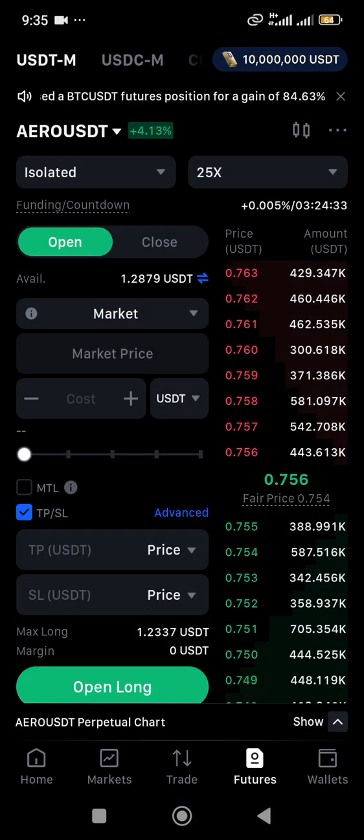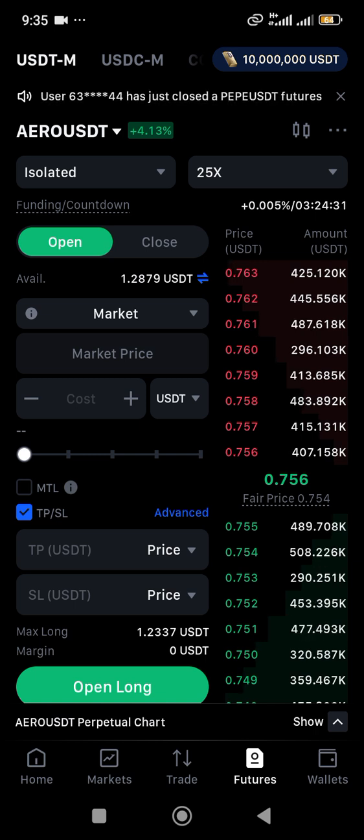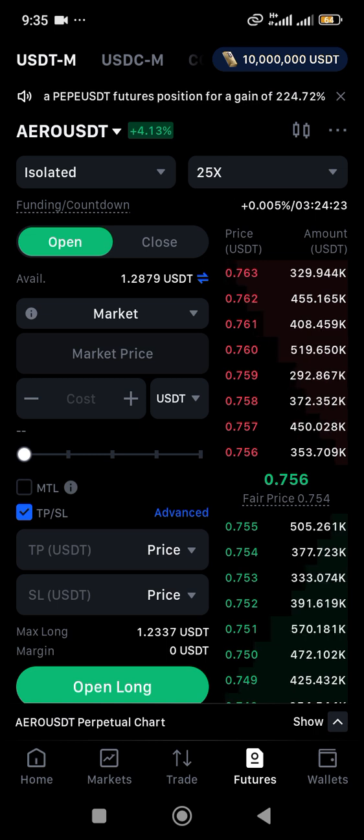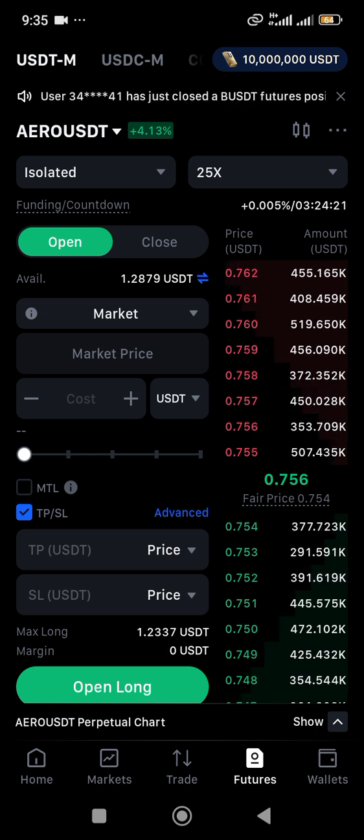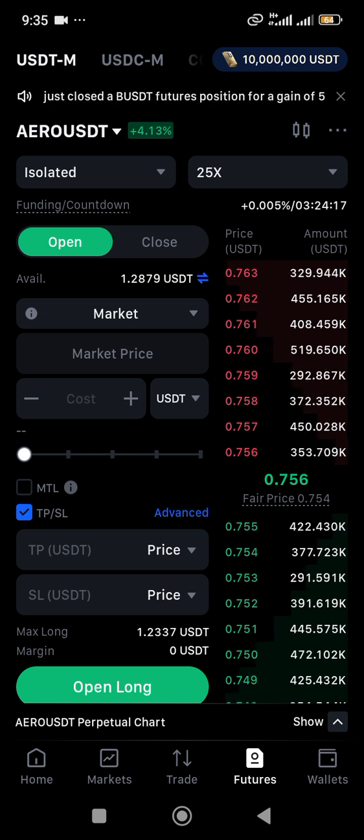What that means is that my 1.2 USDT will be multiplied by 25. 1.2 times 25 will give you about 30 USDT.